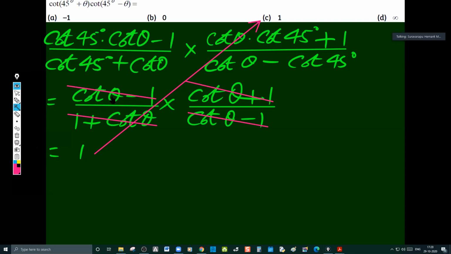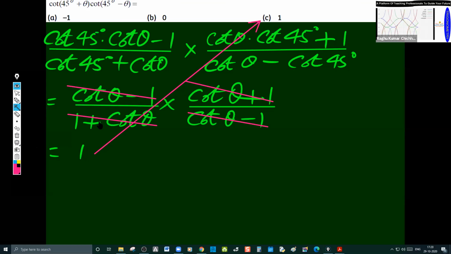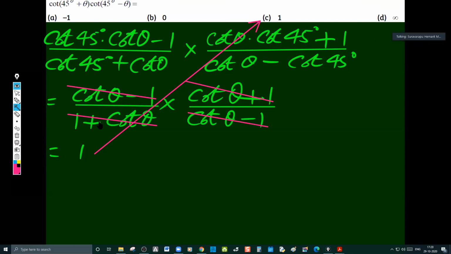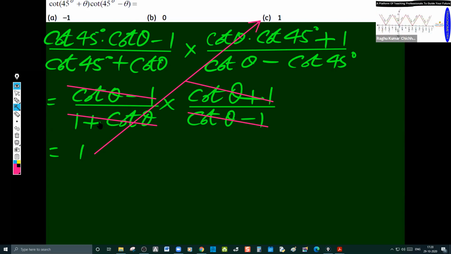Sir, in the options, there is an option as infinity. How can we get the answer as infinity? The denominator is becoming 0. If the denominator becomes 0, we say undefined. Generally, the term infinity is used only in limiting conditions, which you will get in calculus.